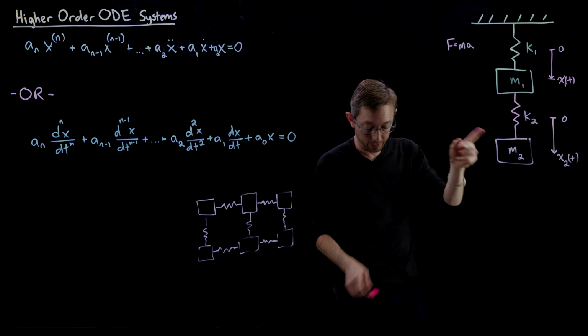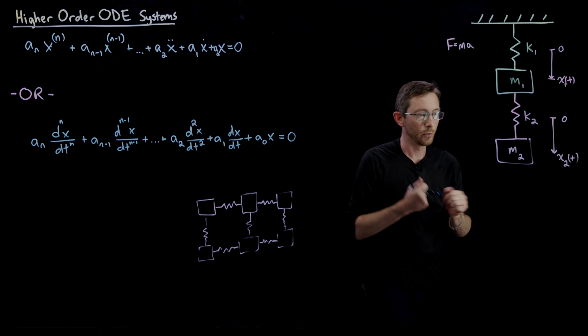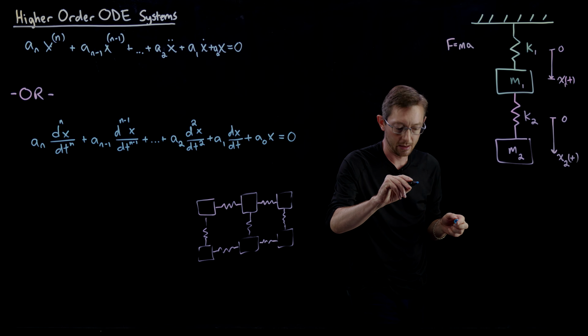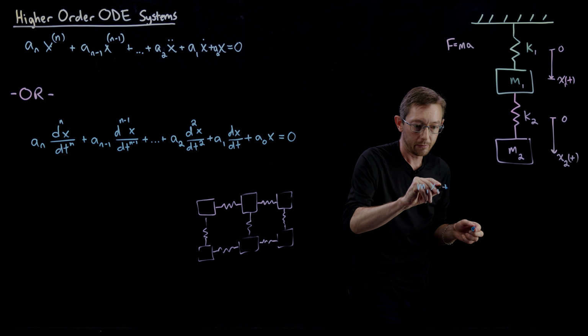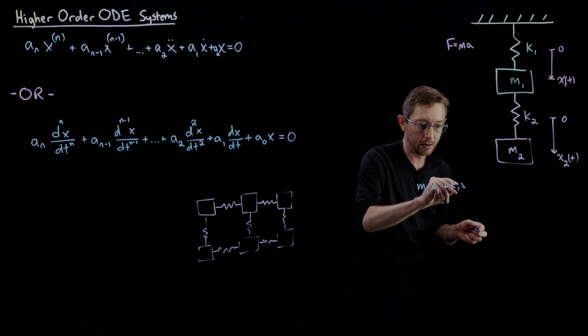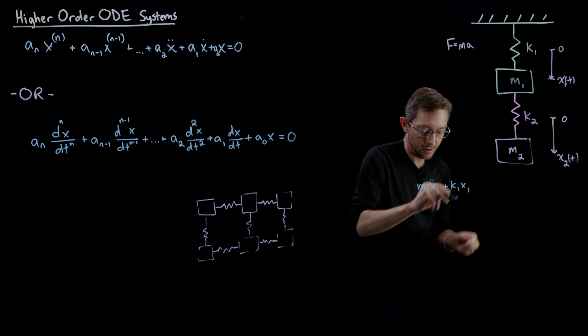So it's pretty easy to write down the differential equation here. We will have something like mass 1, x1 double dot, plus spring constant 1, x1.